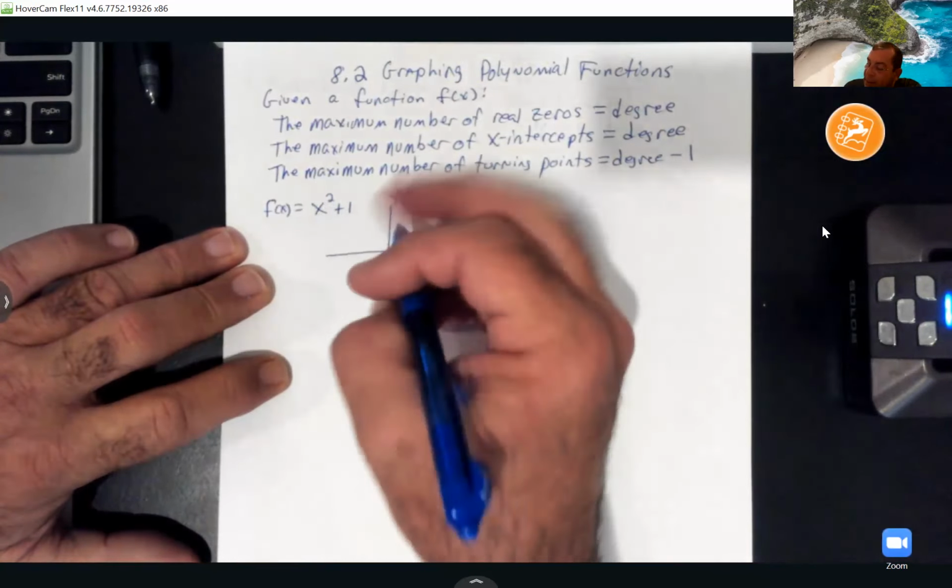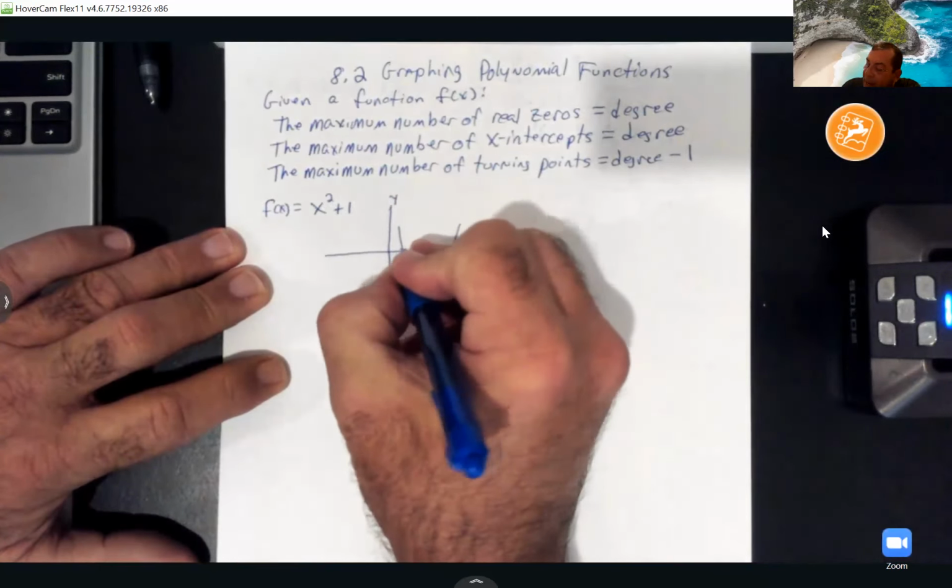So that means, look at that. The maximum times it can cross the x-axis, or the maximum times that I can have a 0, is 2 times, which is equal to that degree. But y'all look here. It turned 1 time here. So the maximum number of times this one could turn would be 1, which is 2 minus 1.